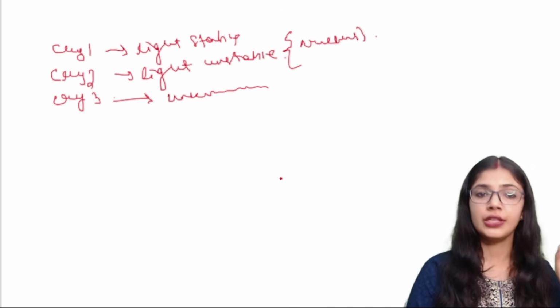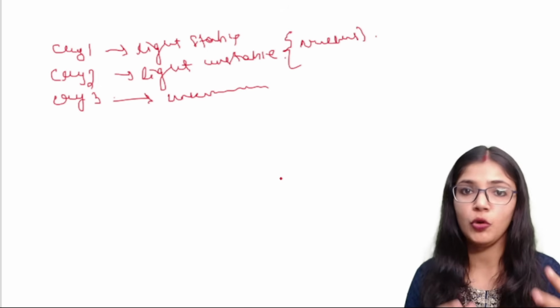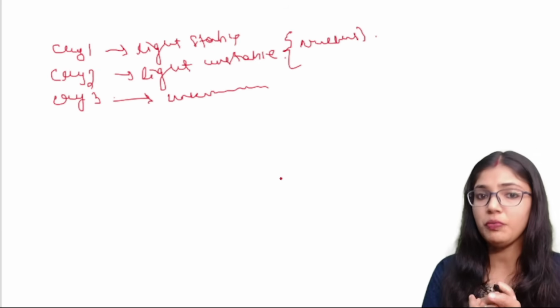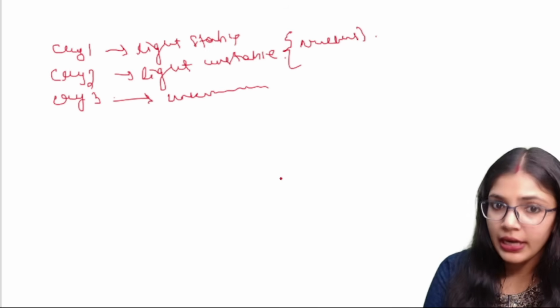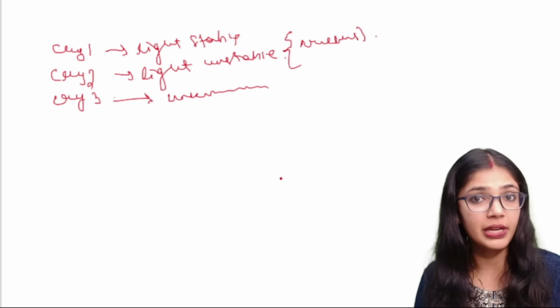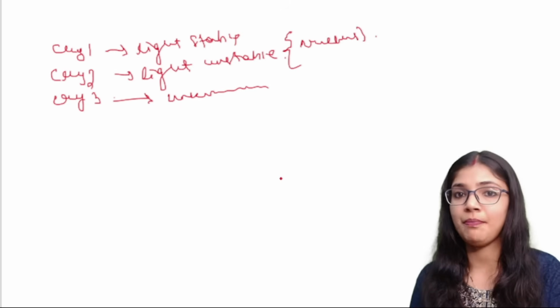The main work of the cryptochrome is that it absorbs the blue light from the sun, and after absorbing it, it has the ability to inhibit stem length.